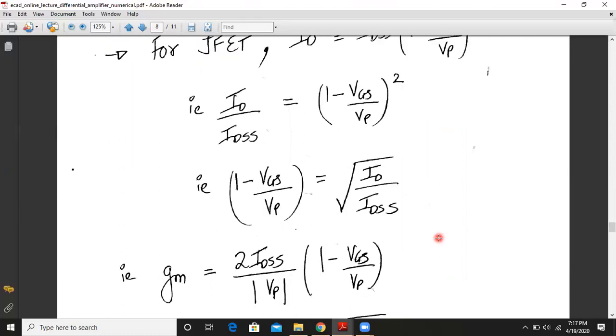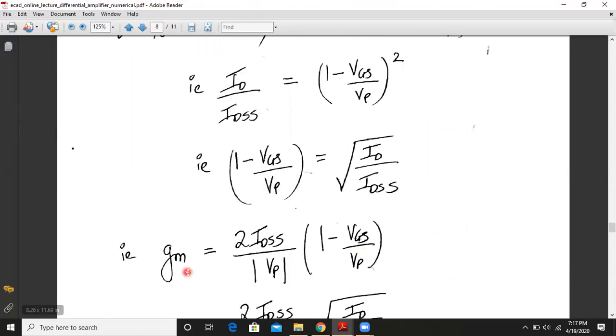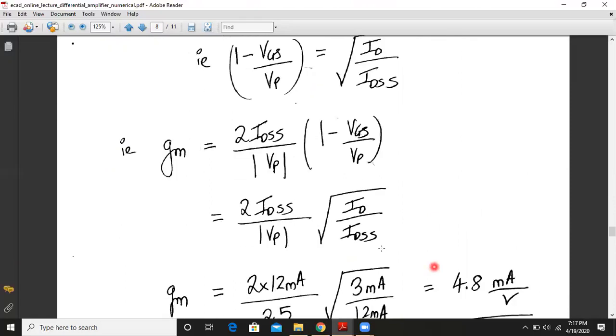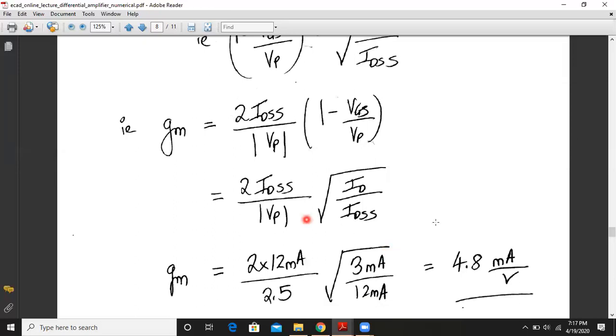Now we'll use the GM formula. We know the GM formula for a JFET is given by twice IDSS upon modulus VP into 1 minus VGS upon VP. In place of 1 minus VGS upon VP, we will replace it by the square root of ID upon IDSS. So the new formula of GM is twice IDSS upon modulus of VP into the square root of ID upon IDSS.